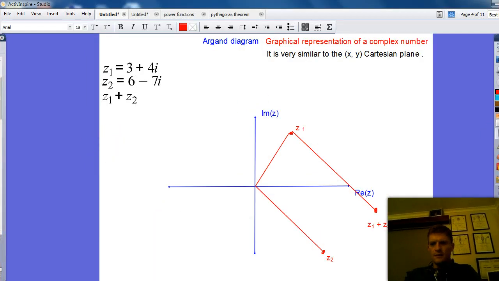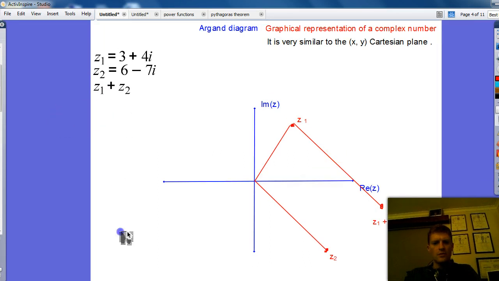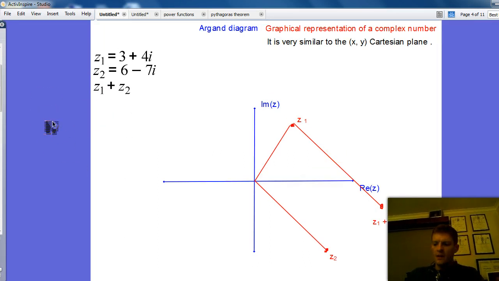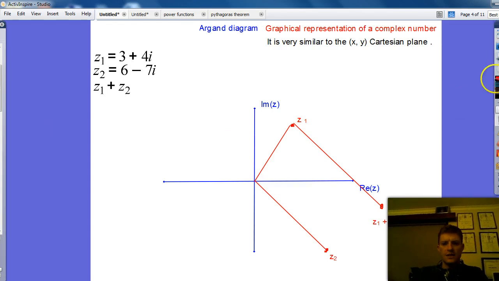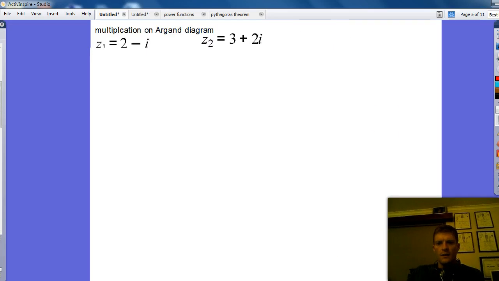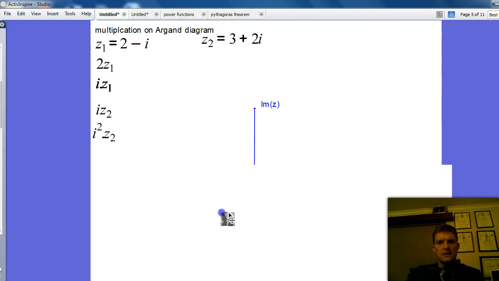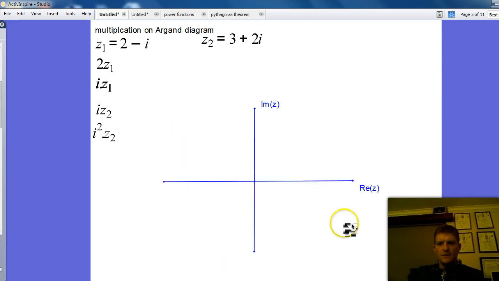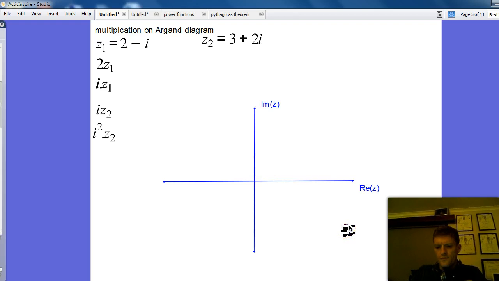Okay, so from here let's have a look to see how multiplication can be represented on our Argand diagrams. So let's take two complex numbers and see if we can represent a few of these different products.